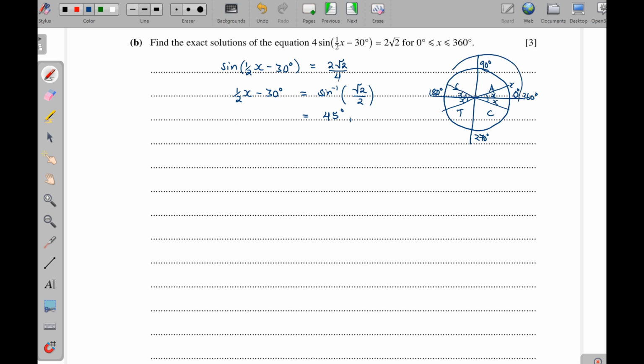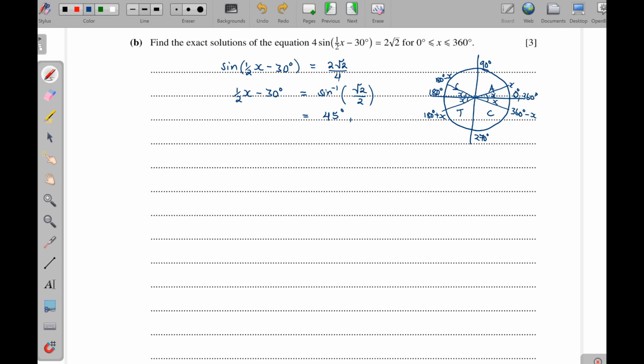So to move from here up to here, we shall say this one will be 180 minus x. This will be 180 plus x. This one from here up to here, that will be 360 minus x. So we always look at the deviation from the horizontal axis.